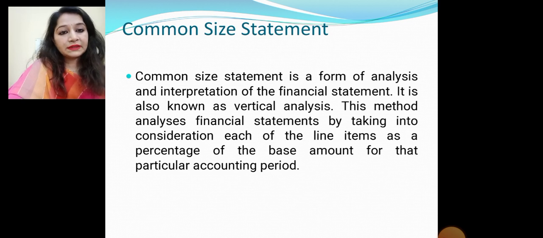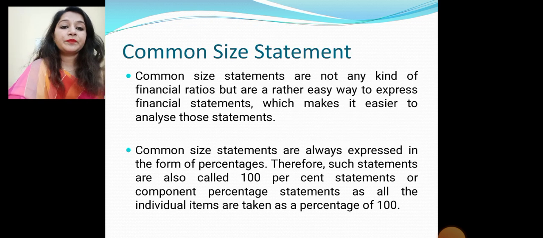Next is common size statement. Common size statement is a form of analysis and interpretation of financial statement. It is also known as vertical analysis. This method analyzes financial statement by taking into consideration each of the line items as a percentage of a base amount for that particular accounting period.